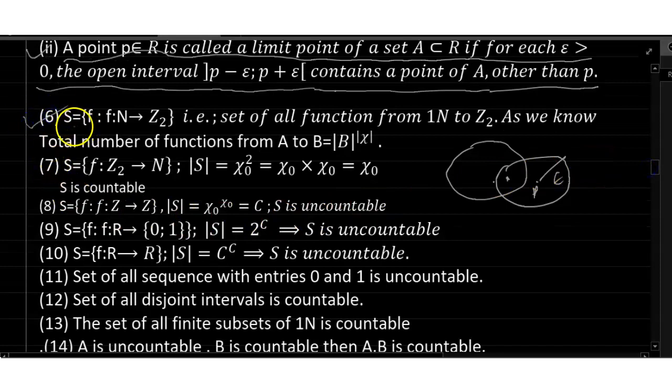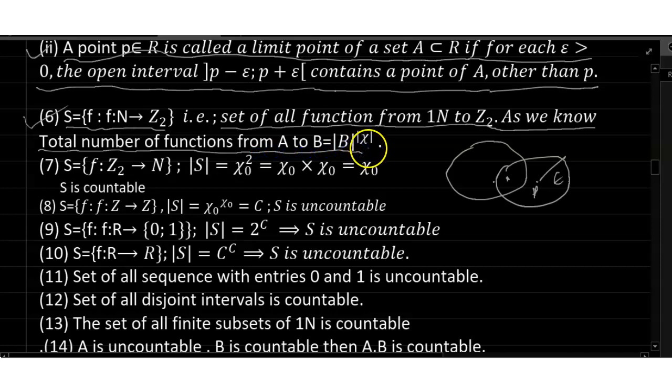Number 6, S is equal to the set of all functions f from N to Z2. As we know, the total number of functions from A to B is equal to B to the power aleph naught.